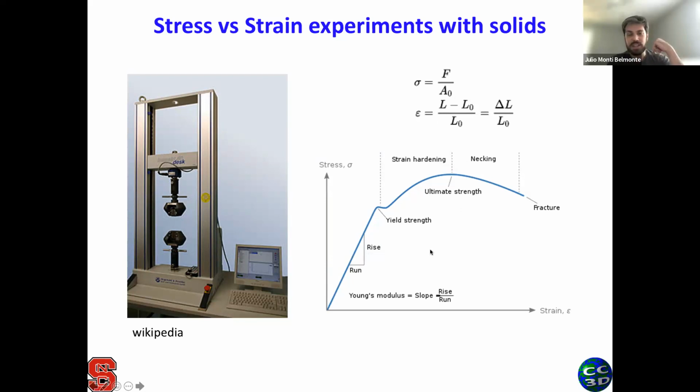And the strain is defined as the difference in length that the object has with respect to its initial length, L0. So that's the strain. And the reason you do a stress-strain graph instead of force versus size of the object is that by doing this, you are reducing everything into units that will reflect the characteristics of the material of your object and not necessarily the size or the geometry of your object.